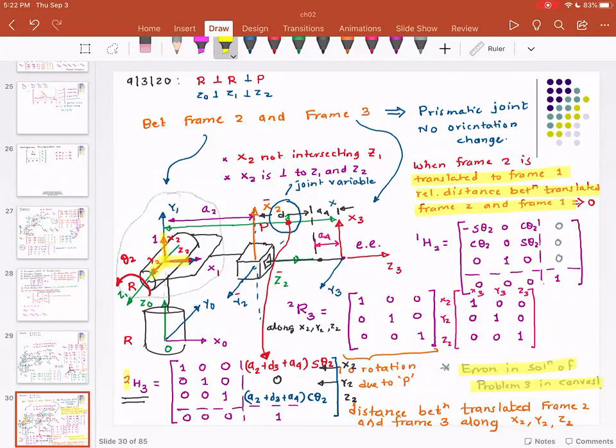Does that answer your question, John? So we are not assuming A2 is equal to 0. We are saying let A2 stay where it is, but to satisfy the 4 conditions, translate frame 2 onto frame 1. Everyone understood this?